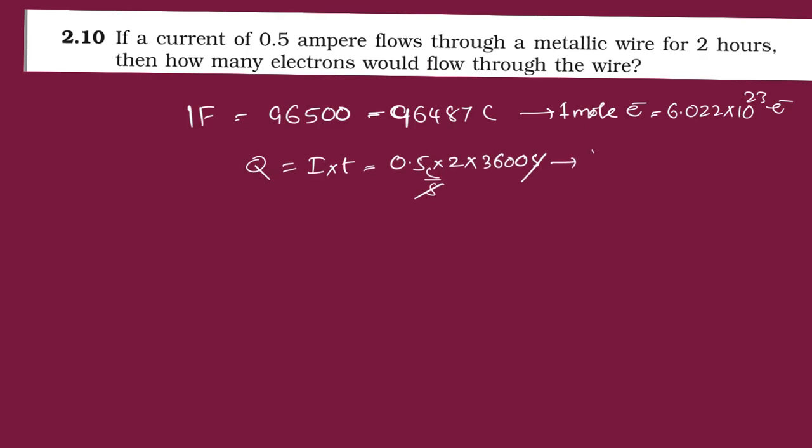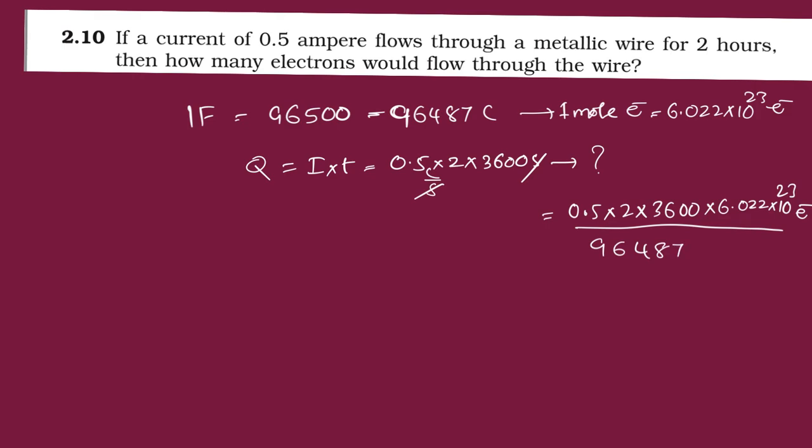Then how many electrons will this have? Therefore we have to multiply now: 0.5 into 2 into 3600 into 6.022 into 10 power 23 electrons divided by 96,487. The coulomb cancels. So 0.5 into 2 is 1.